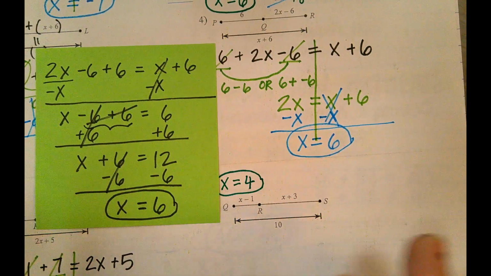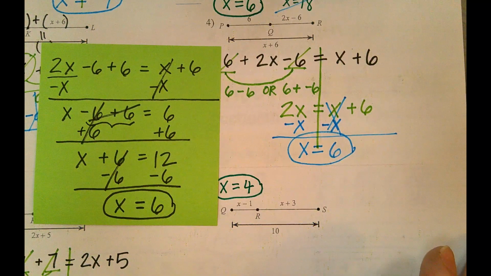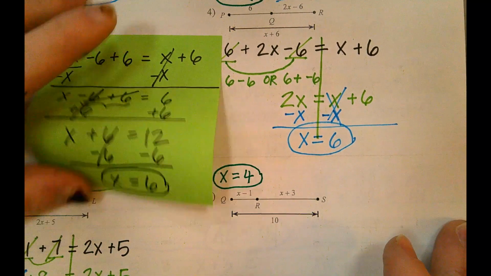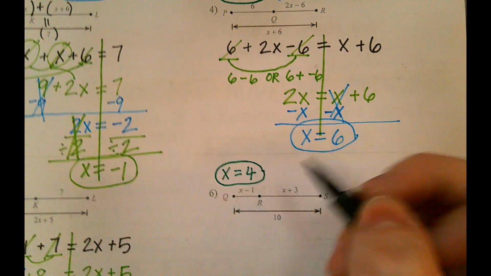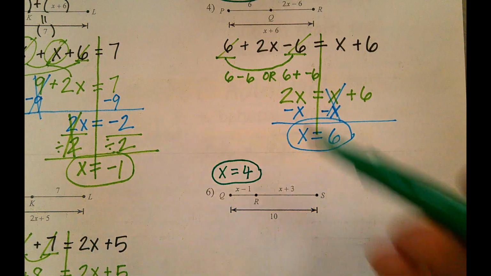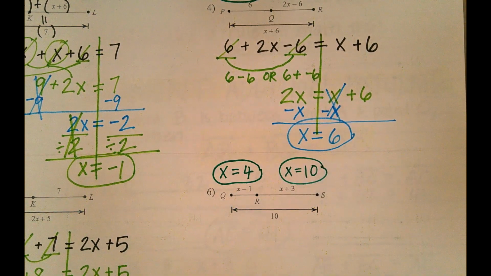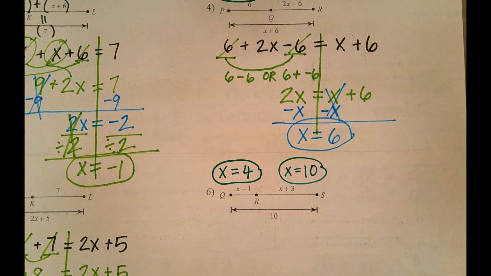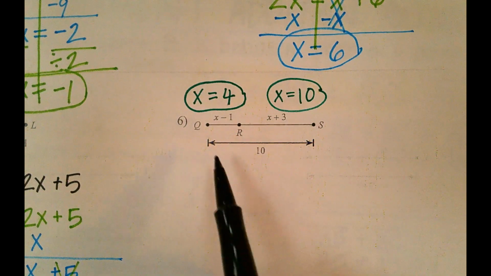Okay. Any other questions, comments about these problems? Yes. Number 6? Did you get a different answer for number 6? What did you get? 10. You got 10. Did anybody else get 10 for number 6? Okay, well, let's see. So, tell me, what did you begin with?